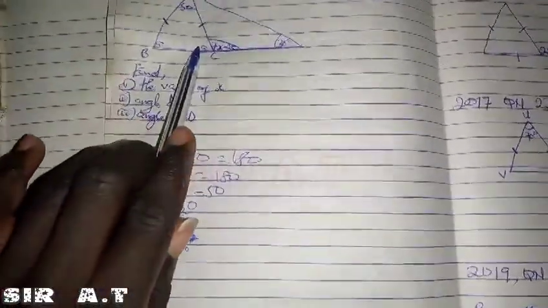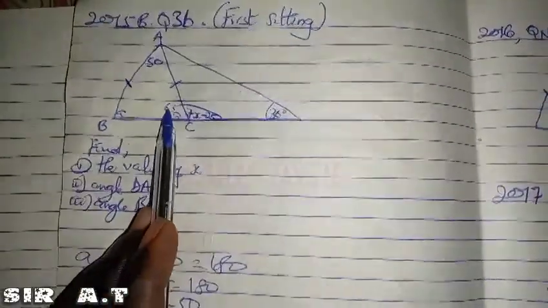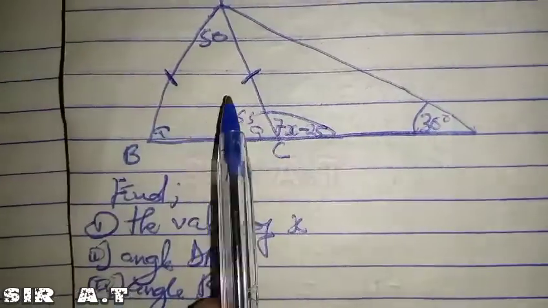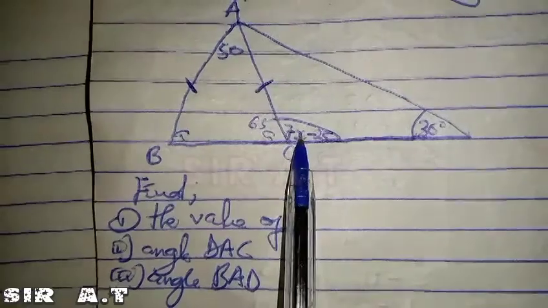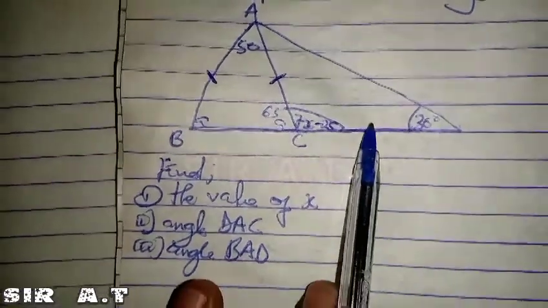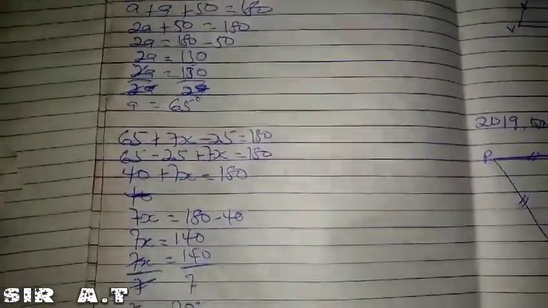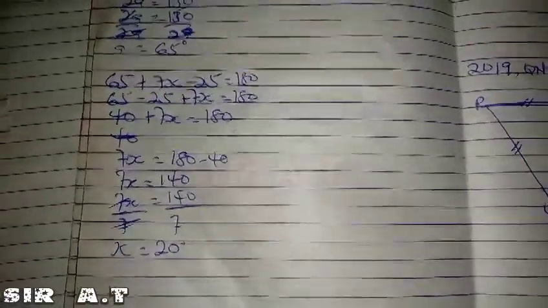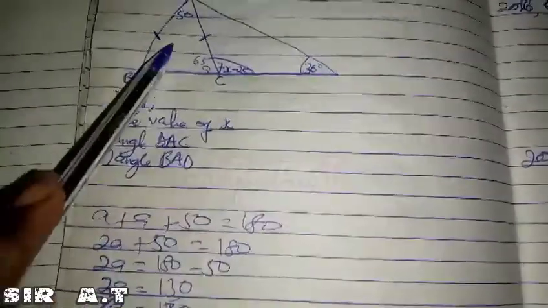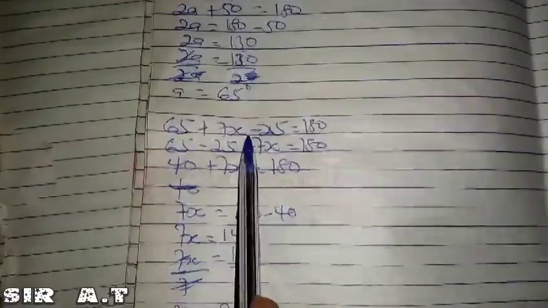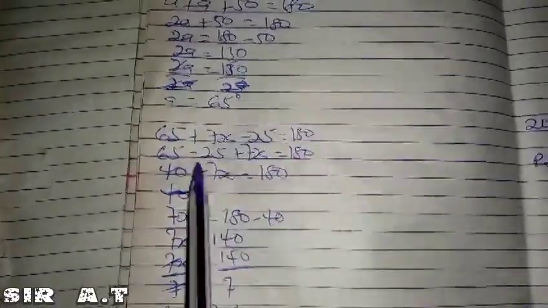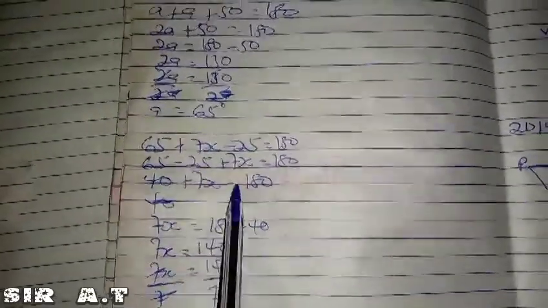So A is 65. And then we know that when you put this and that together, it equals 180. That is angle on a straight line. So 65 plus 7x minus 25 equals 180. 65 minus 25, you are getting 40, plus 7x equals 180.